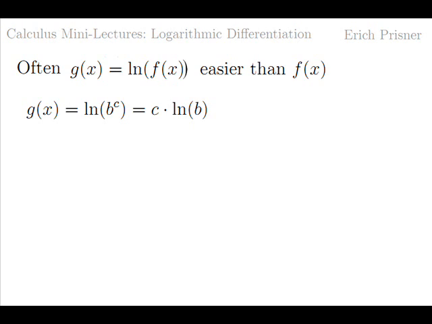This is one of the laws of logarithm. So g of x is a product of the former exponent and the logarithm of the former base. So we can use a combination of product rule and chain rule, used for the second factor, to differentiate the new function g.